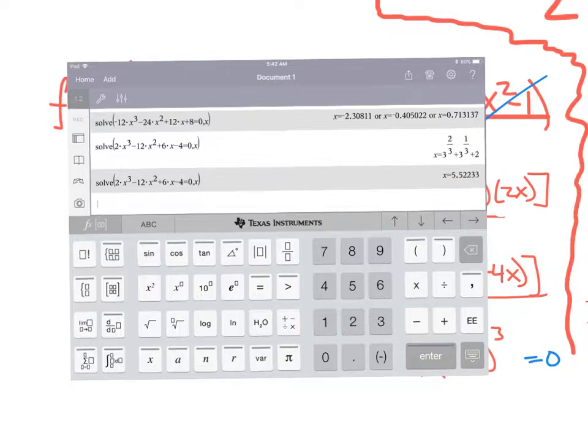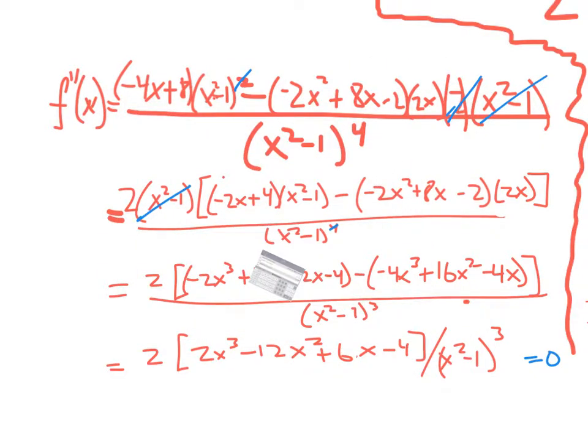All right, let's tuck that guy away. That's good to know. So 5.52. Only one answer. 5.52.